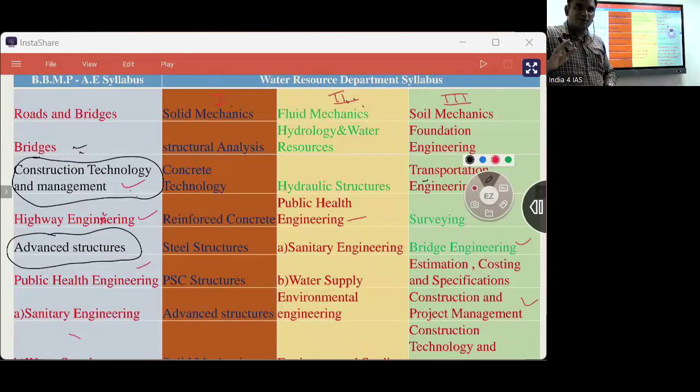Do you agree with me or not? Many of the apartments you see will be of similar dimension, and if you go to the other side of the construction, this is the mirror image. Clear? Next, advanced structures. So here it comes, advanced structures.